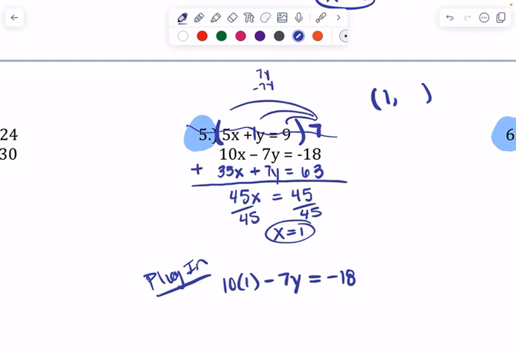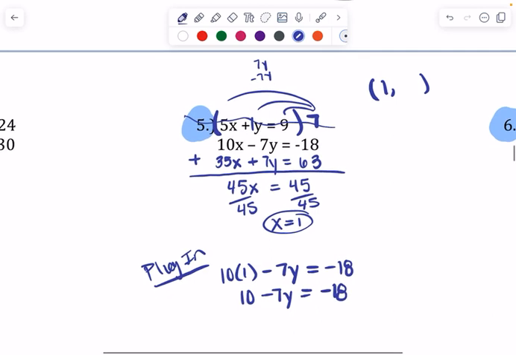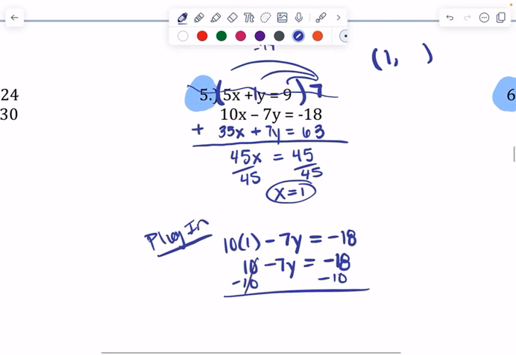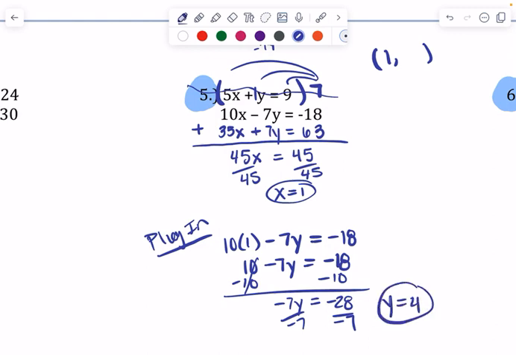So 10 times 1, 10, minus 7y equals negative 18. Got positive 10, subtract that over. Get negative 7y equals negative 28. Divide by negative 7. Get your second variable.